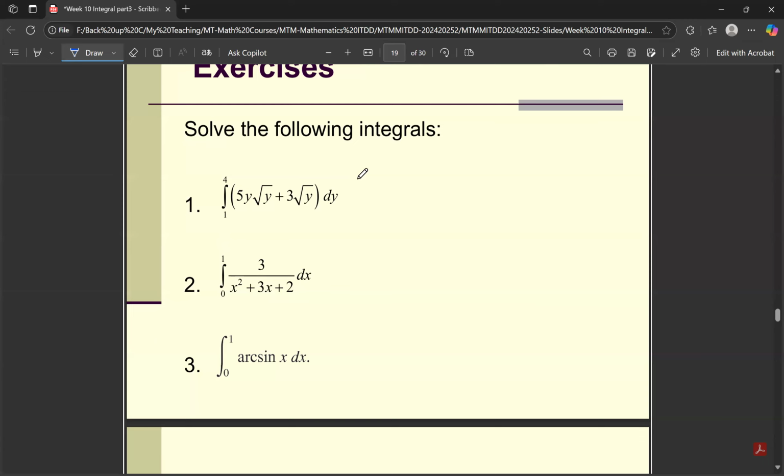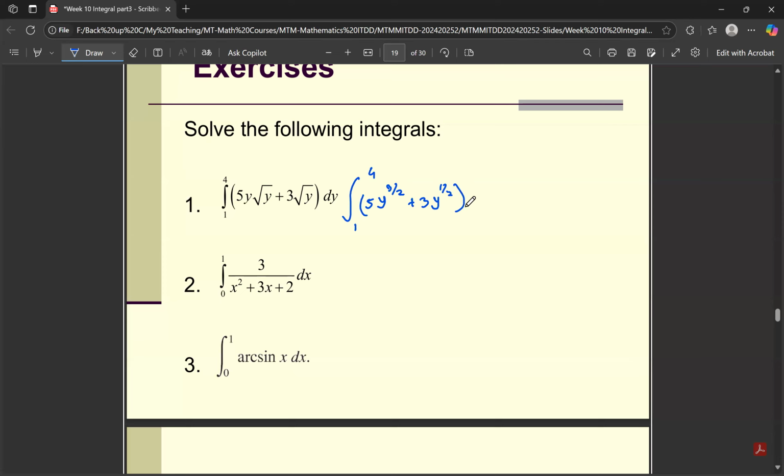So this is the integral from 1 to 4 of 5 y to the power 3 over 2 plus 3 y to the power one half.